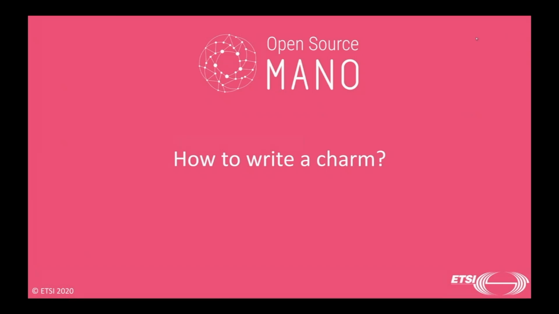Let me provide some clarity on the architecture of OSM. The VCA is not responsible for making policy decisions about what should happen. It's the job of the VCA to implement decisions about what should happen.